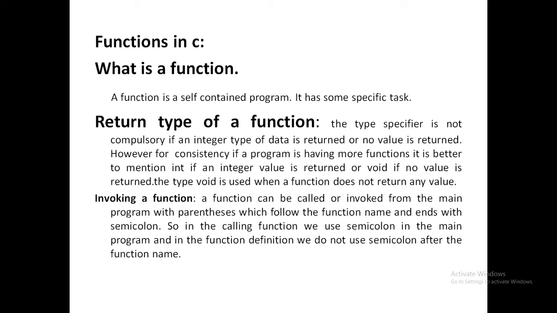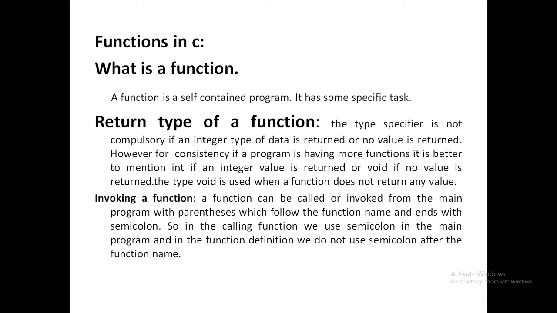The type specifier is not compulsory if an integer type of data is returned or no value is returned. So whenever we define a function, there is no need to put a specifier generally. However, for consistency, if a program has more functions, it is better to mention int if an integer value is returned, or void if no value is returned.